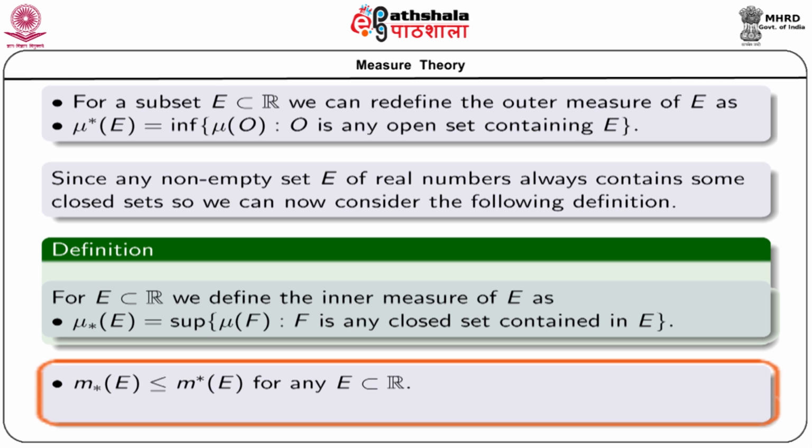Obviously, from the definition of outer measure and inner measure, it is clear that mu lower star of E is less or equal to mu upper star of E for any E subset of R.